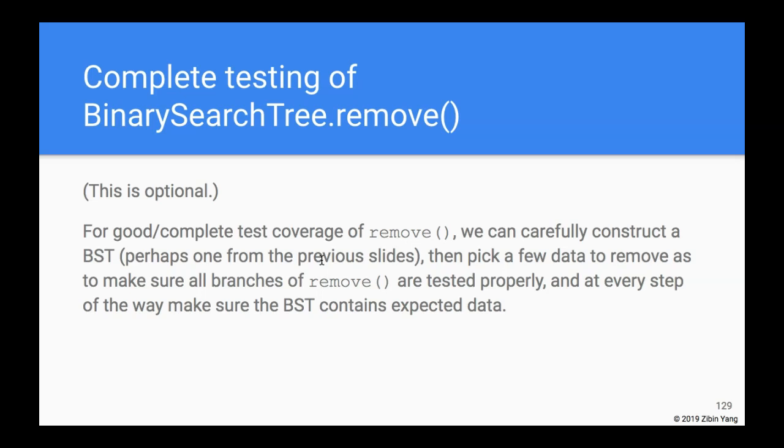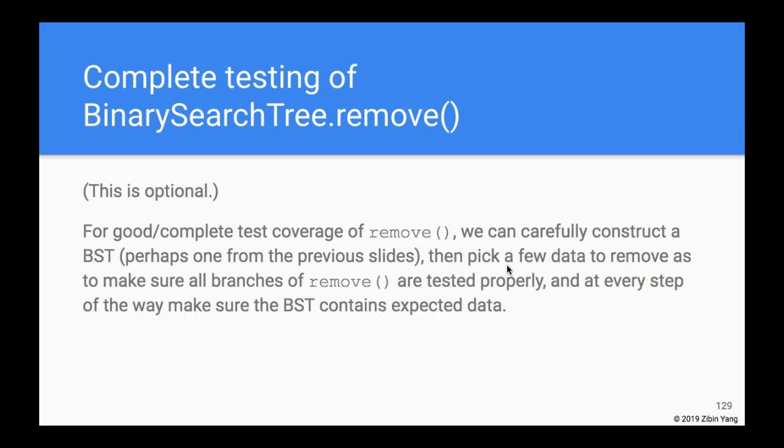Now, for good or ideally complete test coverage of remove, we can carefully construct a BST and then pick not just one data, not just 120, not a single number, but we probably should pick a few numbers just to make sure all conditionals, all branches inside the remove are all tested. So that would be a handcrafted complete test coverage of the removal method.